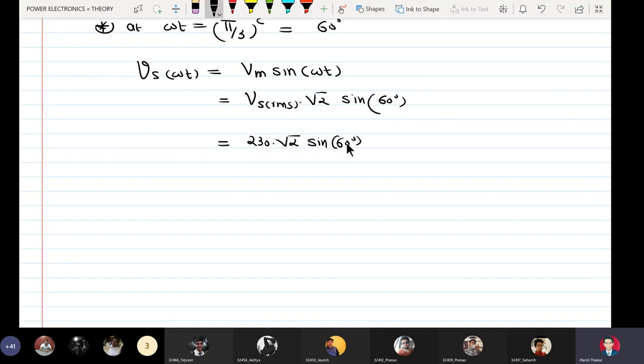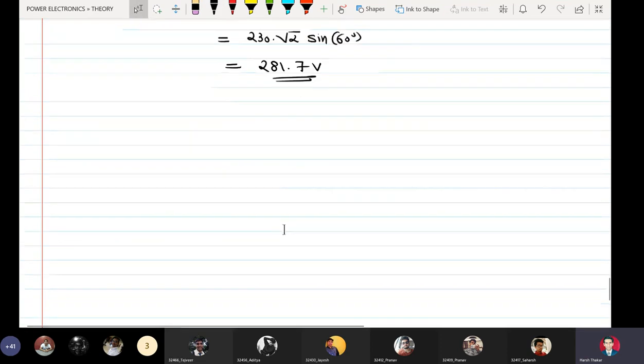So sine of 60 is 0.866 into 230 into root 2, which is 281.7 volt.